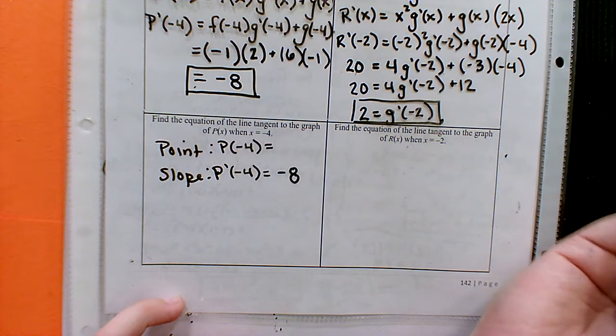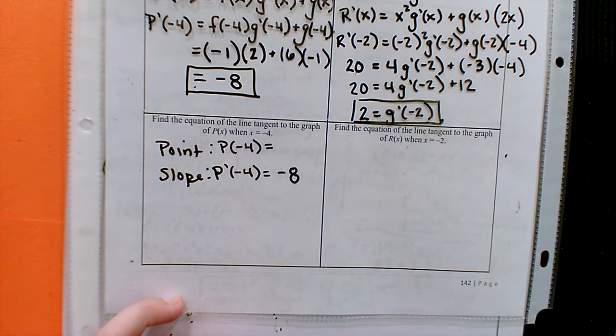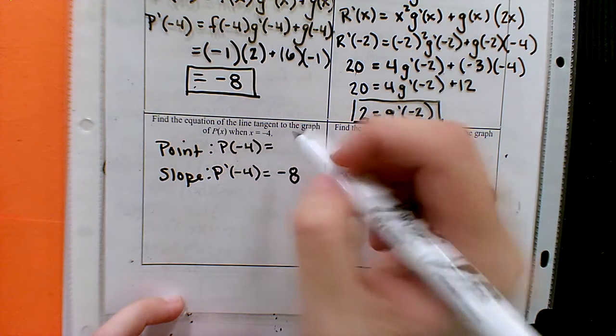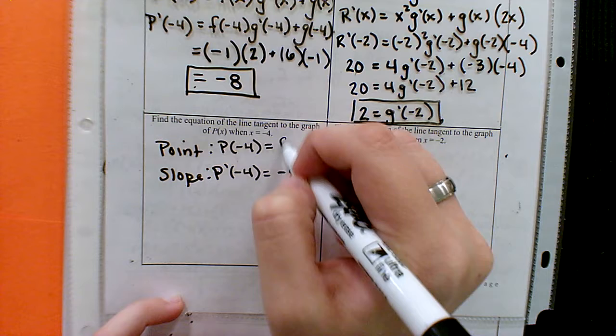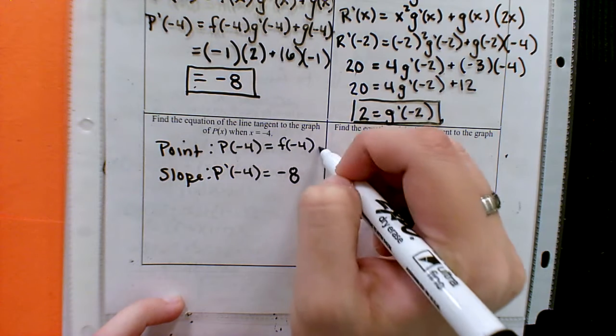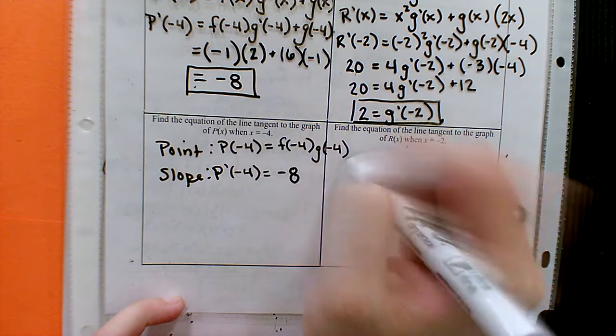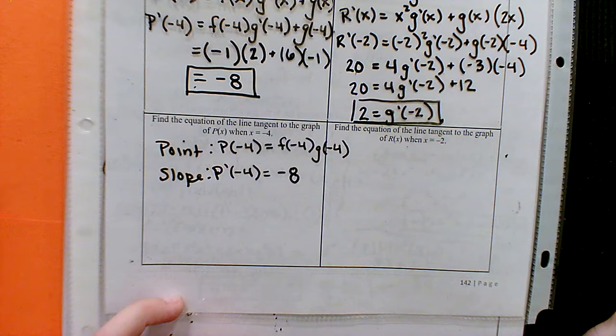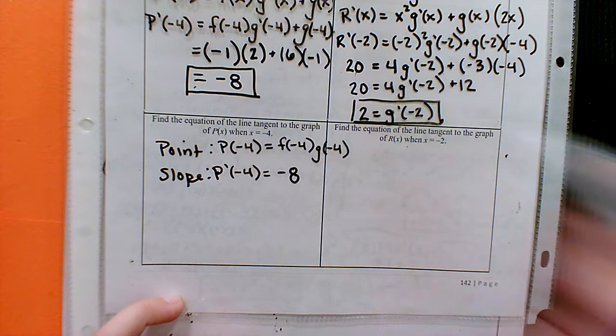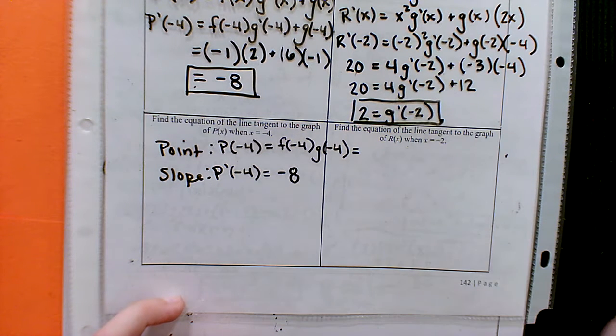So the P equation was defined as the multiplication of the f and g graph. So if you were to plug negative 4 into f and then negative 4 into g and multiply those values together, what would you get?